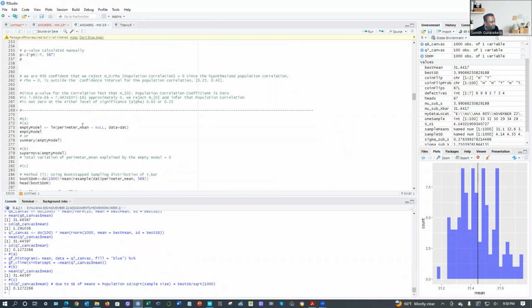Perimeter mean means a perimeter that has been measured several times, and then you get the average for the same particular person. Every person has their perimeter mean.